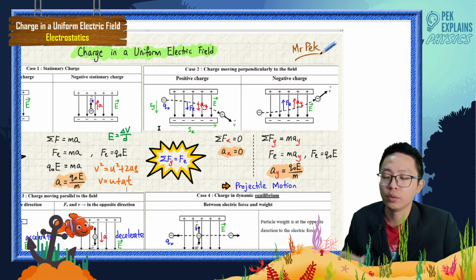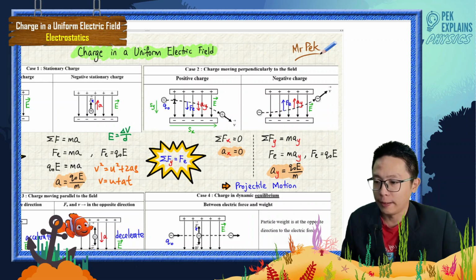It will deflect towards the negative plate. For the negative test charge, it will deflect towards the positive plate because it is attracted by the positive plate.